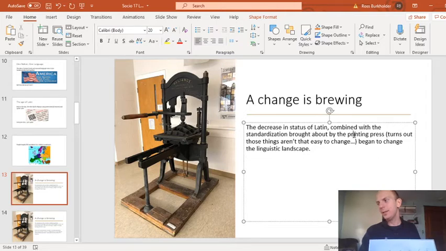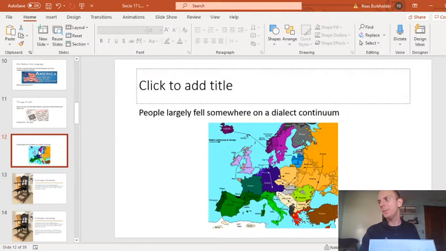It standardizes language in a way that it hadn't really been standardized before, because when you're printing a book, right, all these little towns along this dialect continuum speak a different variety of some sort of Romance language. What do you print?